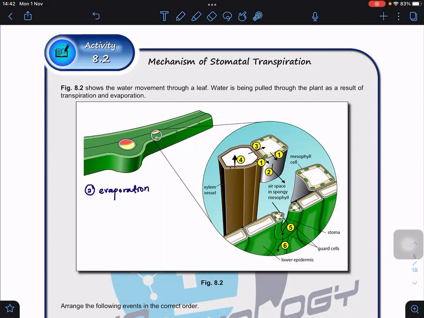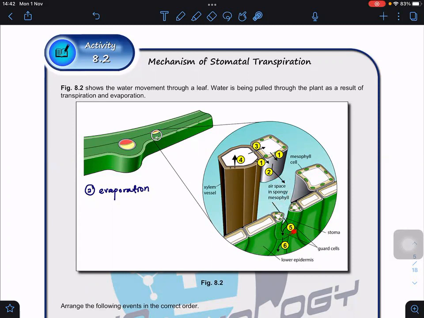And when evaporated, it means that the water potential at the cell wall will be lower than the water potential in the cytoplasm. So the water potential in the cytoplasm will be lower than the xylem. Therefore, water molecules in the xylem now move into the cytoplasm or move to the cell wall. Because the evaporation takes place, now the air space or substomatal cavity is saturated with water vapor.